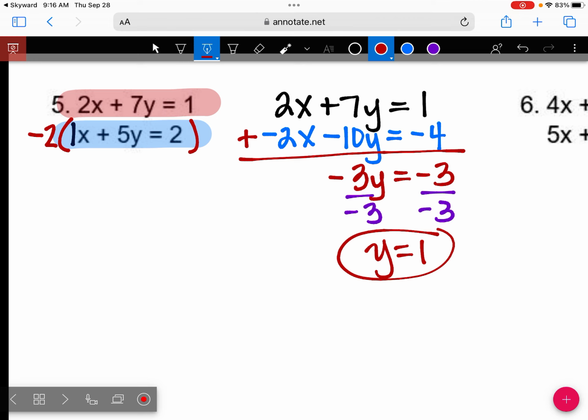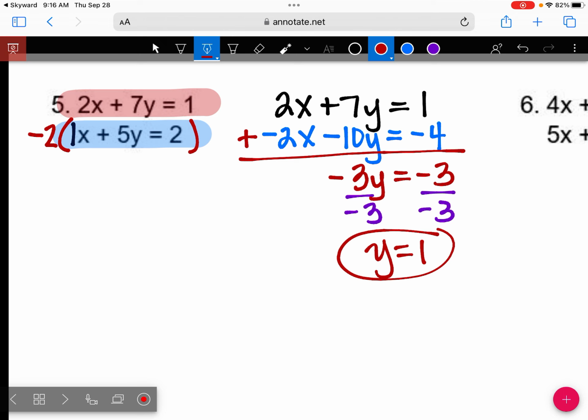All right, go ahead and check your answer, see if you got the same thing I got. So we multiplied it by -2, so that gave us -2x minus 10y equals -4.